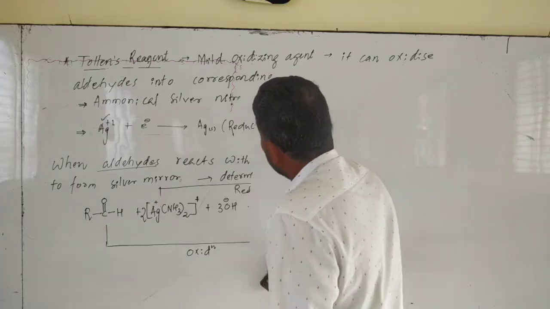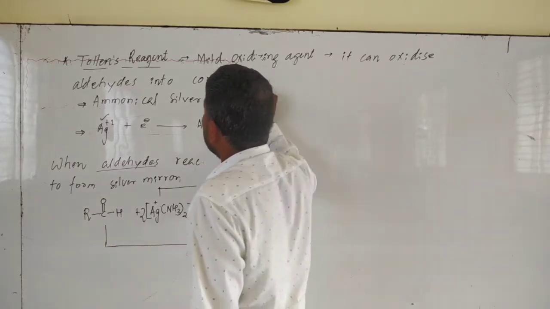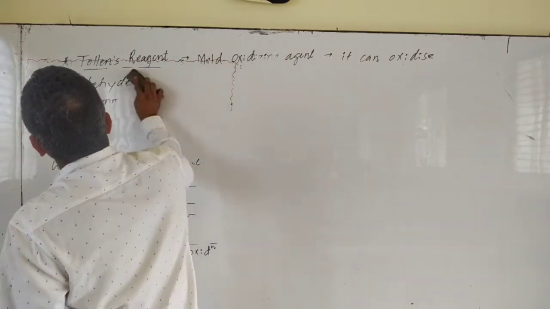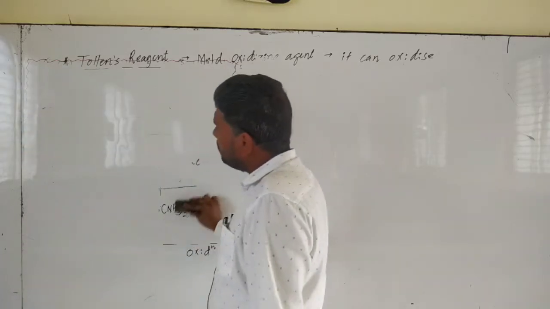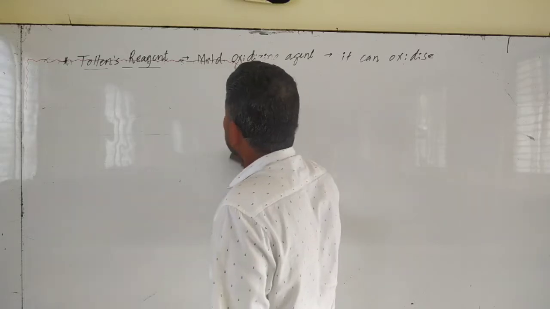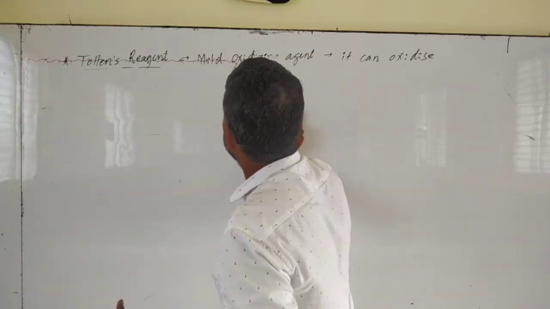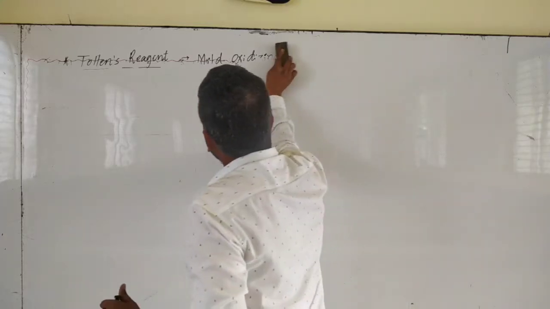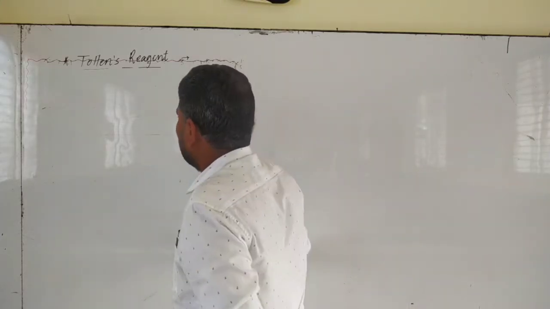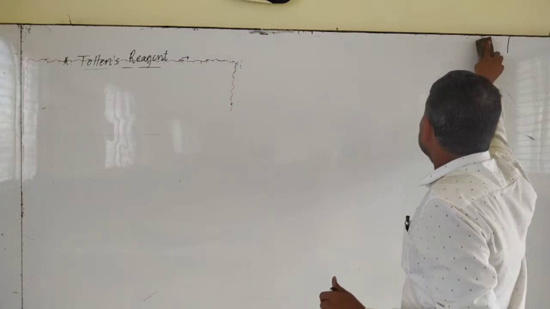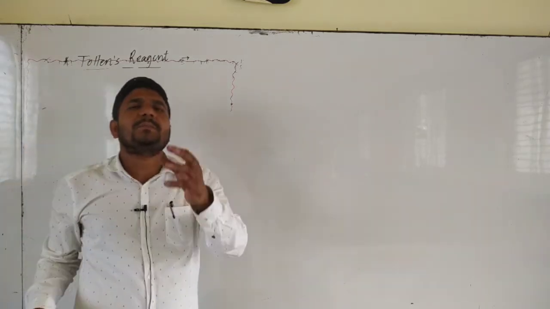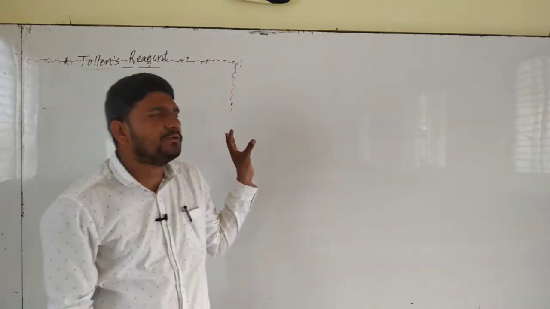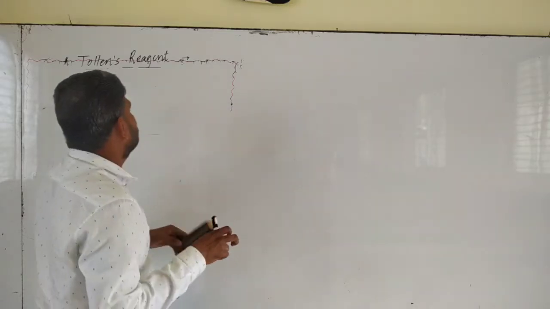This is very important for examination, and you will come across the same test in the biomolecules topic, where you are going to discuss carbohydrates. Glucose is a carbohydrate that contains aldehydic group. That presence of aldehydic group can be tested by using Tollens reagent.